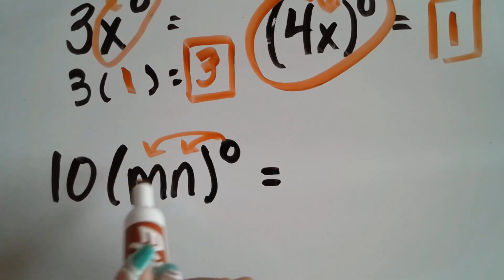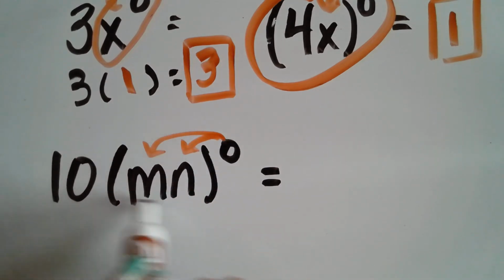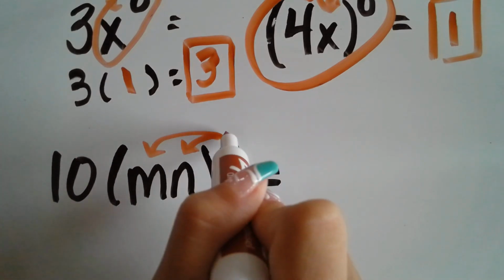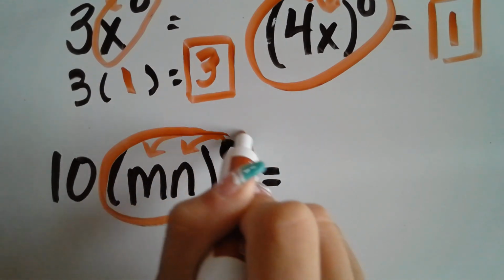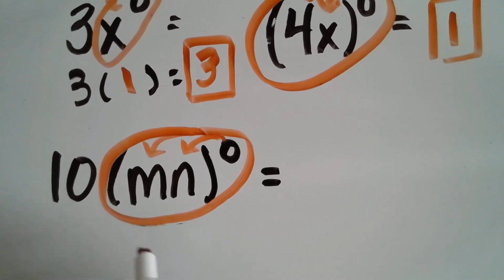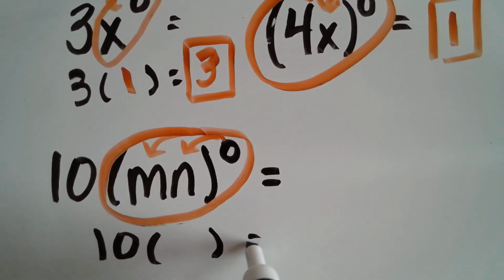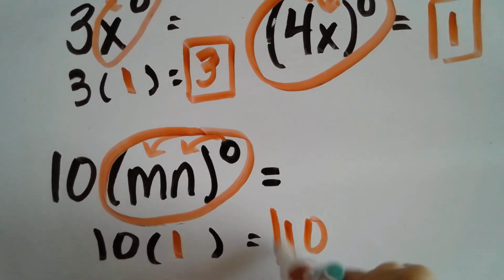Because everything is going to be distributed within these parentheses. So I know this whole thing right here turns into a what? A 1. So I'm going to rewrite our equation, keeping that in mind. So I'm going to say 10 times, and this whole thing became a 1. So 10 times 1 is 10.